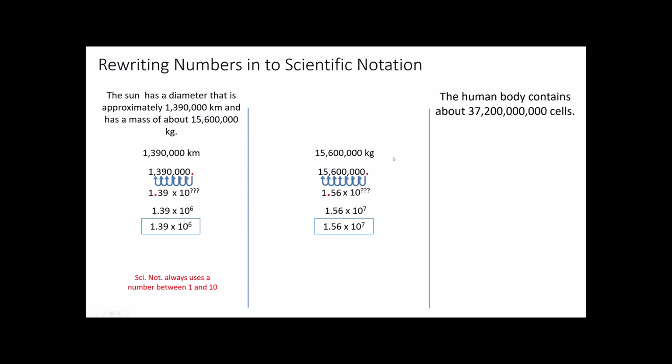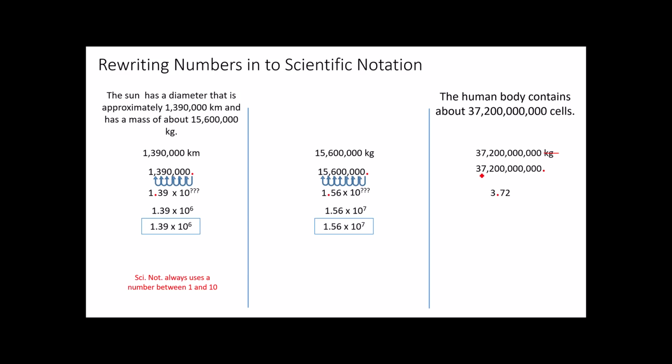The human body consists of about 32,200,000,000 cells. That's a large number. Notice I still have kilograms. That, of course, is a typo that needs to be fixed. There we go. Take care of that. The important thing is where the decimal is located. Now, if I want this to be in scientific notation, I need to write it as a number between 1 and 10.